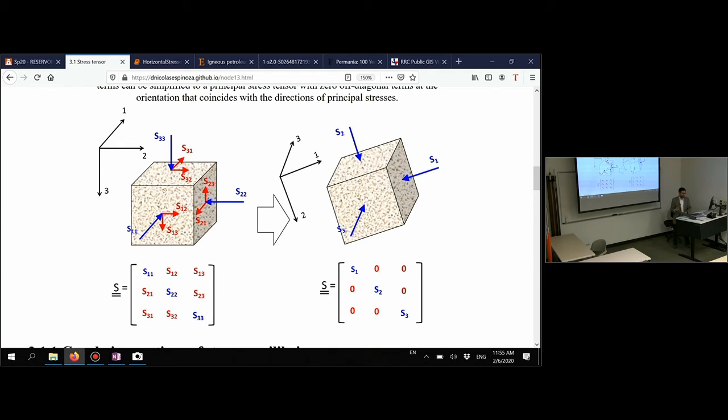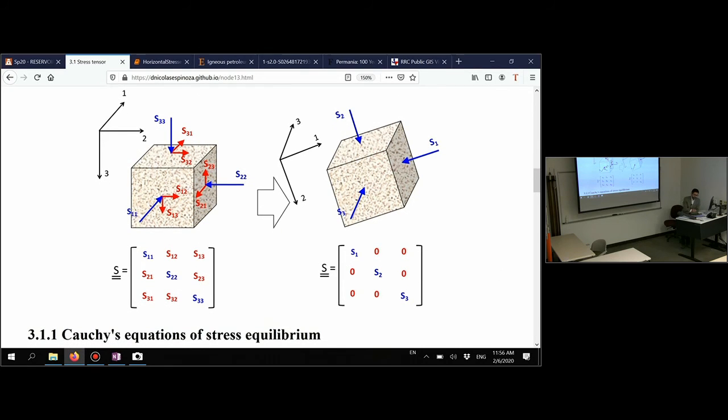And that's a property which is due to something I forgot to tell you, but probably you more or less presumed that it was true. And that is that this stress tensor, and then we get to something very important, is symmetric, which means that the value of S21 is equal to the value of S12.